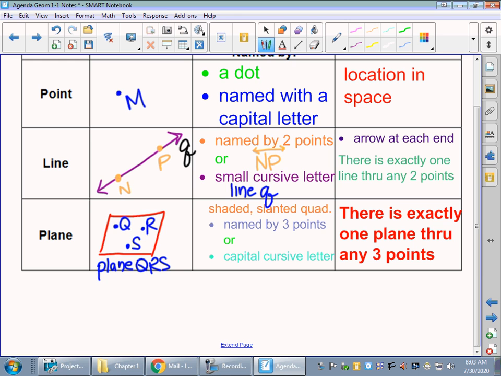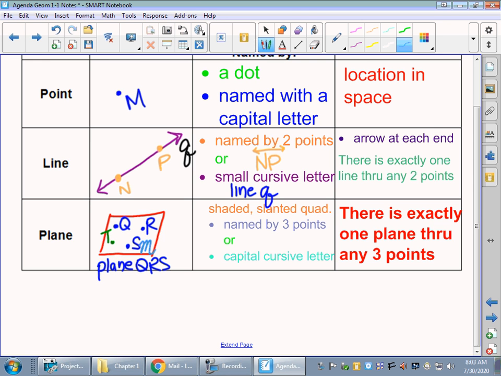If I put a T on that plane, we could call it plane TQS, plane TRS, plane SQT. 3 points on that plane. Notice they're kind of triangular shaped when you look at the 3 points. We could also call that by a capital cursive letter. So perhaps you want to call it, it'll usually be in the corner.